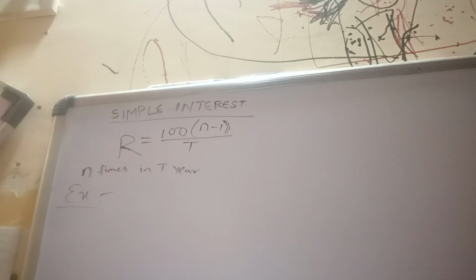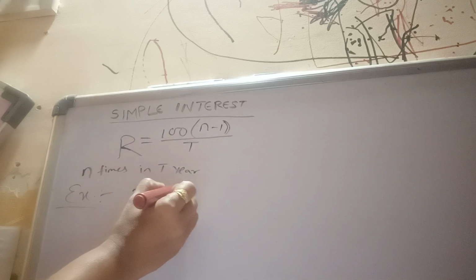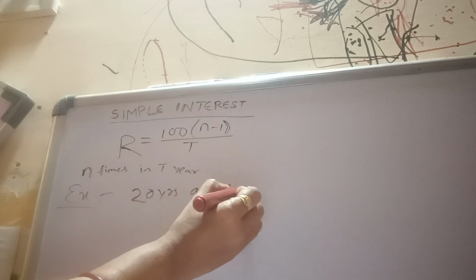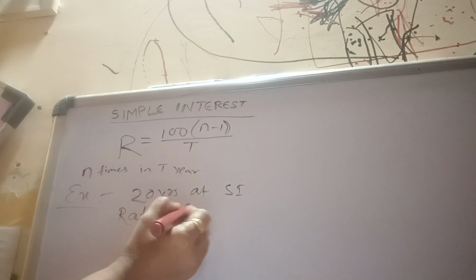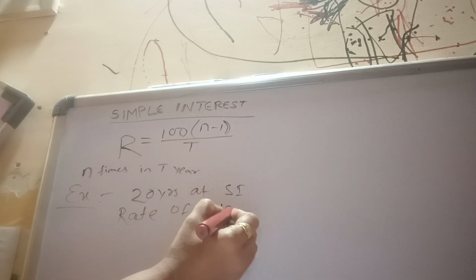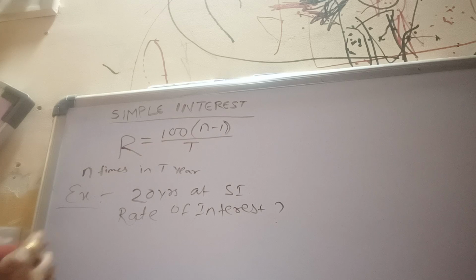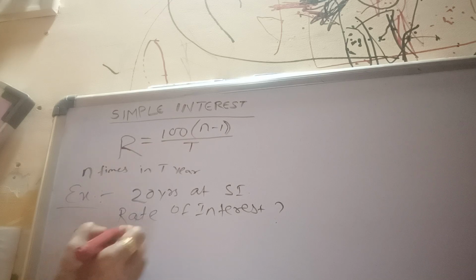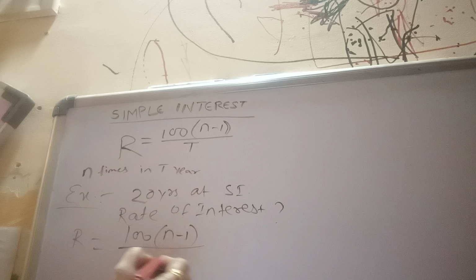Suppose there is a question: a sum of money becomes 4 times in 20 years at simple interest. Find the rate of interest. Here we know R equals 100 times (n minus 1) divided by t.